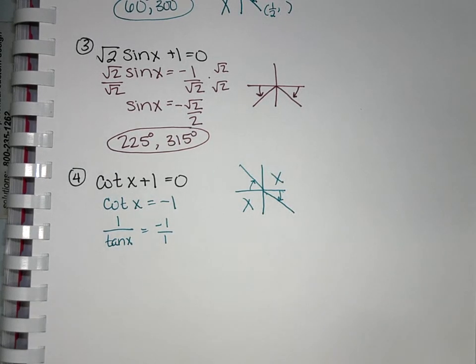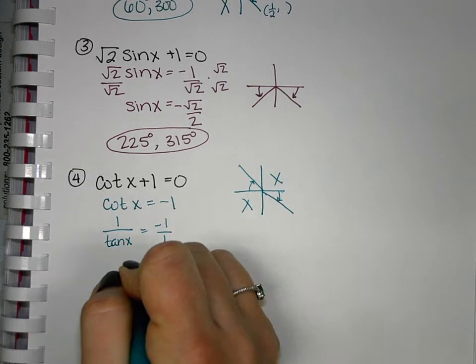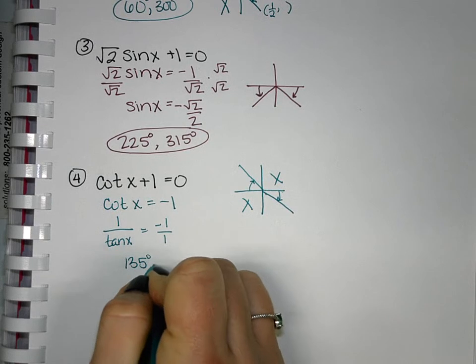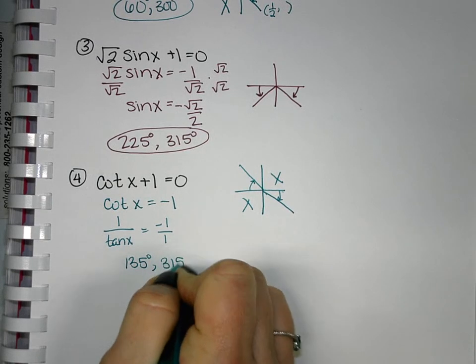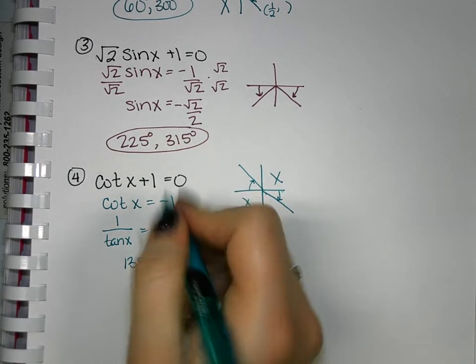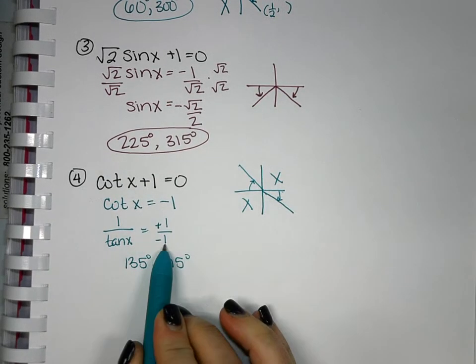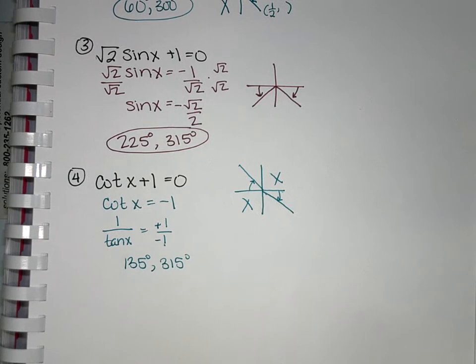So where does tangent equal negative 1? On our unit circle, we notice that's at 135 and 315. Remember, you're looking for where tangent of x equals negative 1, and then you would just do the reciprocal, which is negative 1. So the same angles work, 135 and 315 for that one.